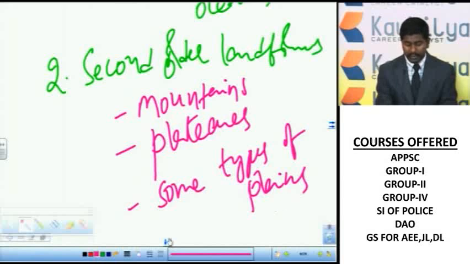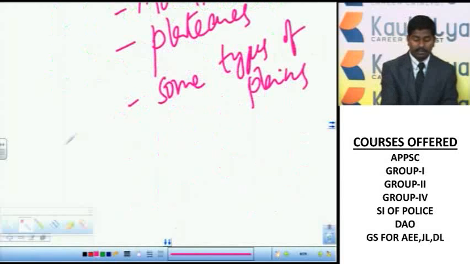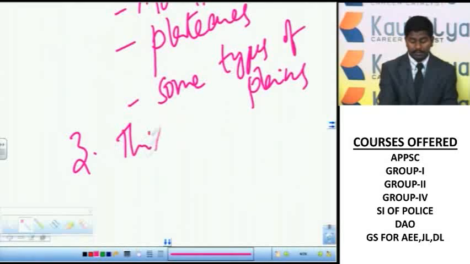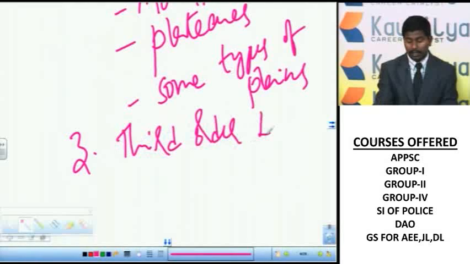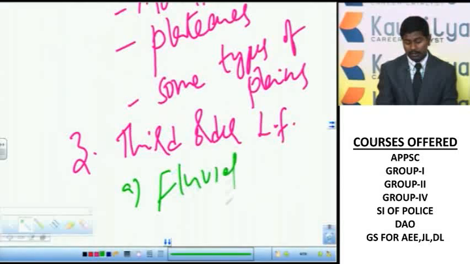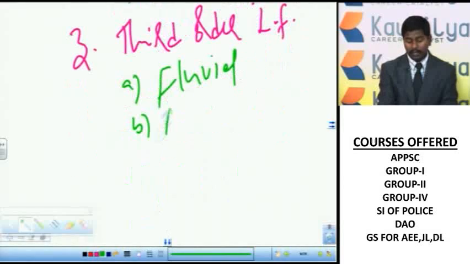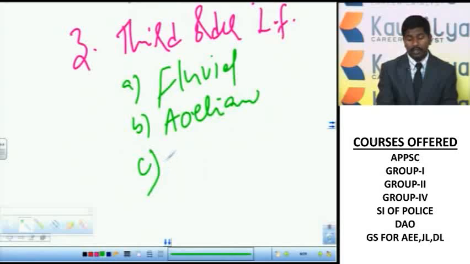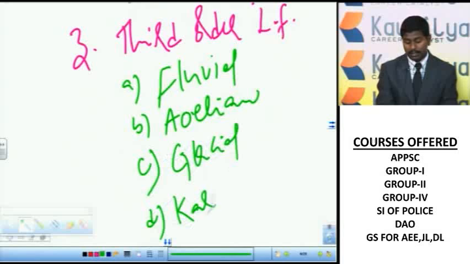Then there are third order landforms, which are further subdivided into fluvial landforms, Aeolian landforms, glacial landforms, and karst landforms.